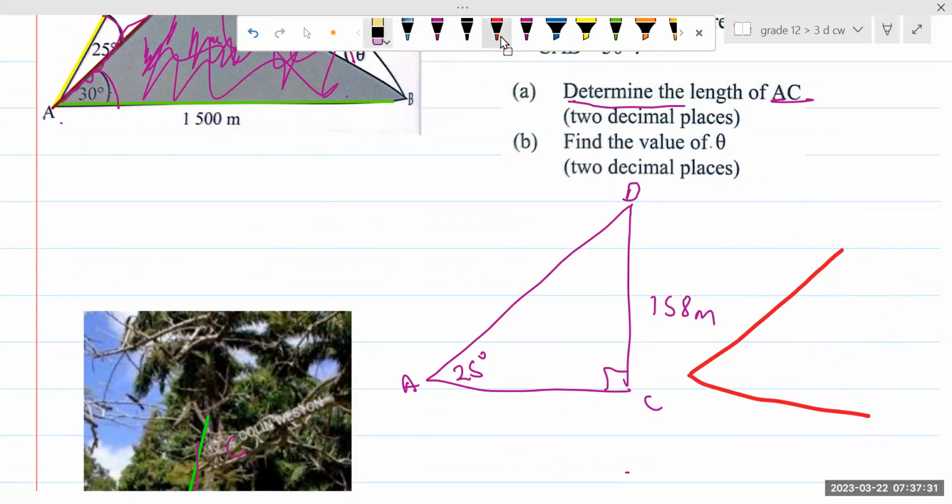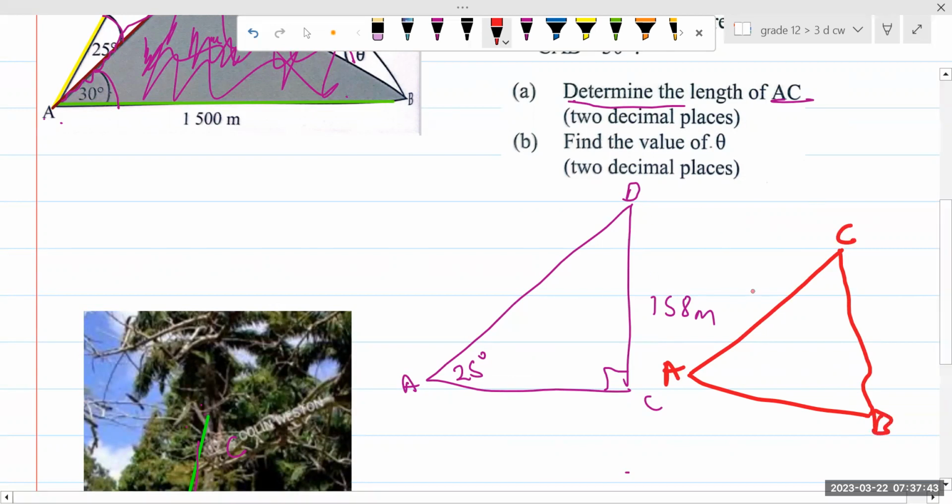Trying to display things like here. So we have C and then we have D here. Now both triangles, but I just want to talk about something here. So here we have 30 degrees. Here we have 1,500.